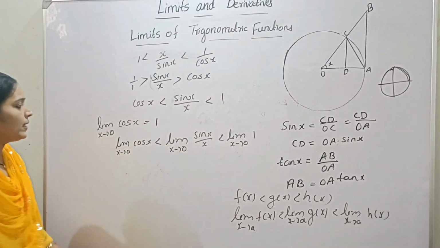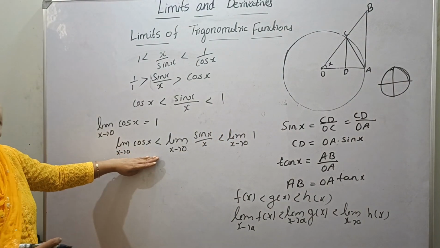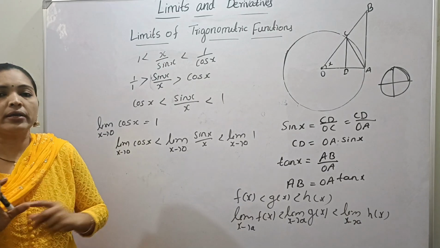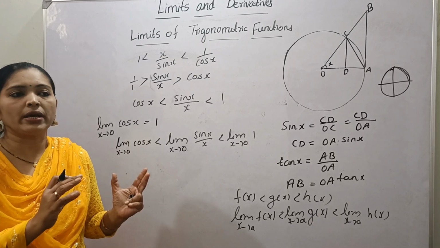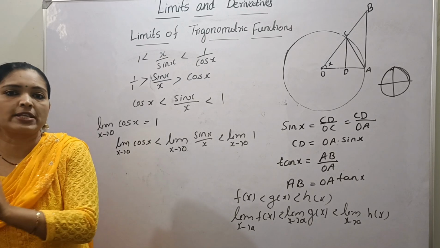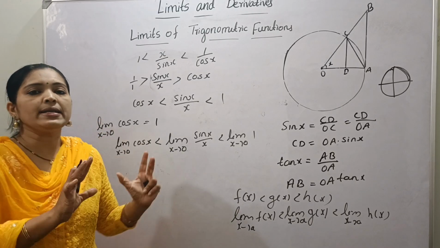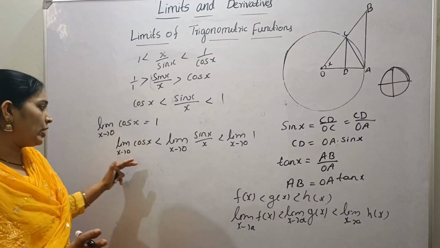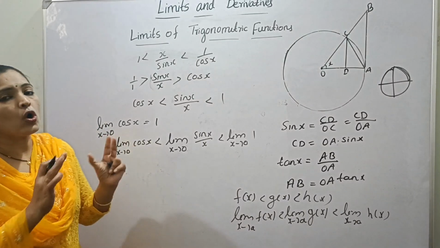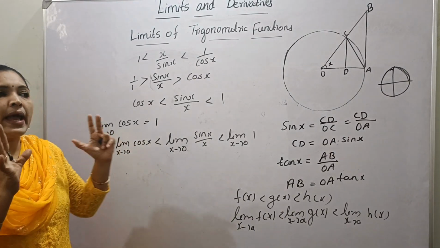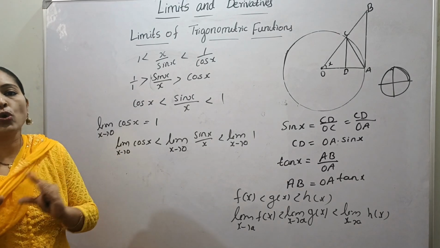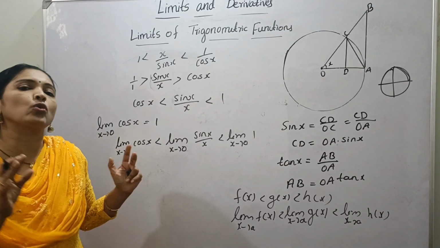Here it says the limit of cos x is 1. That means it is not exactly 1. The limit as x tends to a of f of x equal to f of a means that it is approaching f of a, not exactly f of a. Here also, the limit of cos x equal to 1 means the value is approaching 1, very close to 1, not exactly 1.